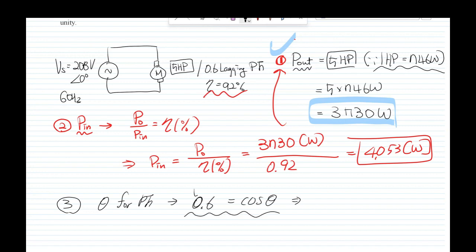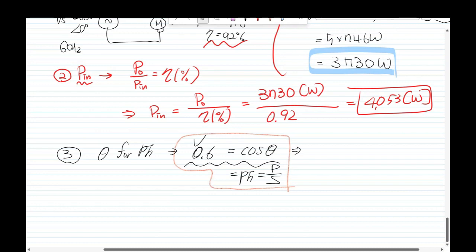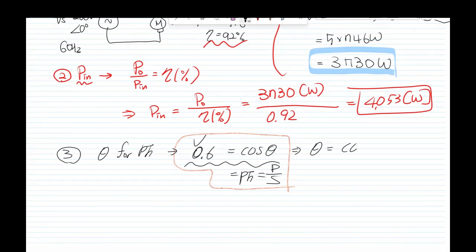Because the power factor is P over S, as we learned before. So theta is the inverse cosine of 0.6. After calculation, it is 53.13 degrees.